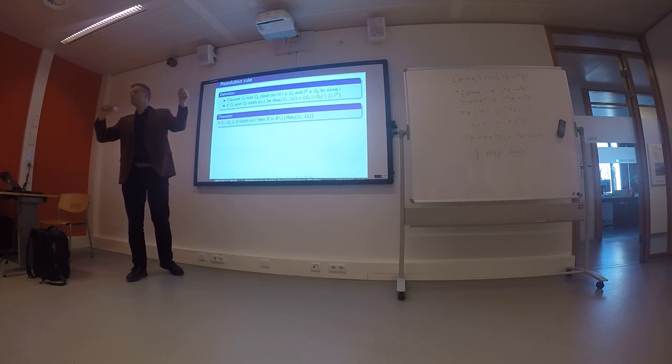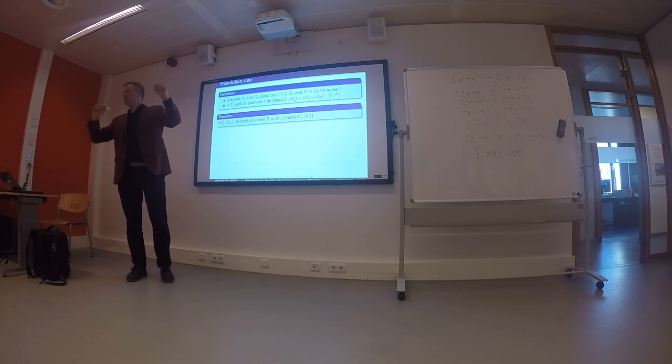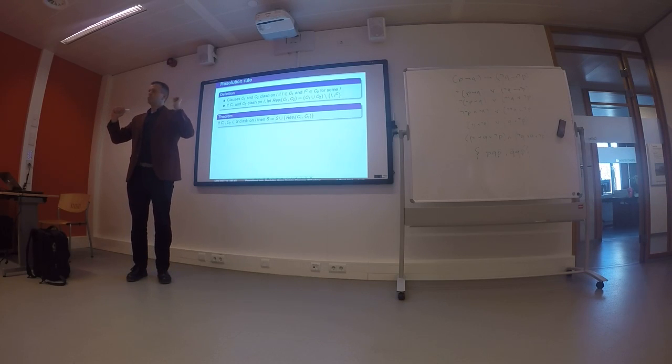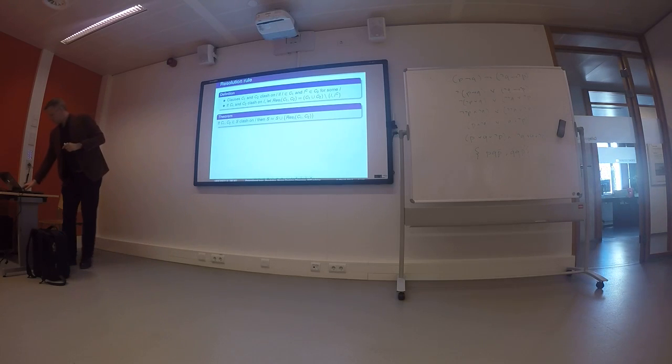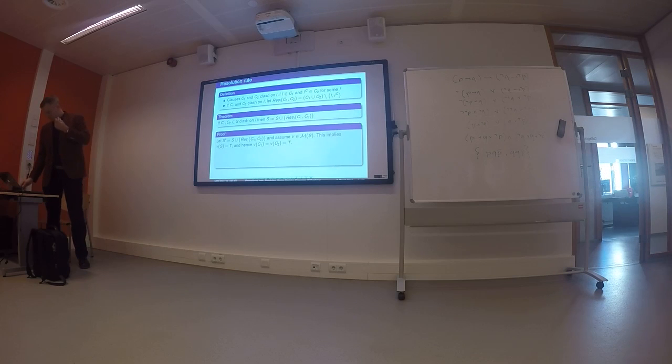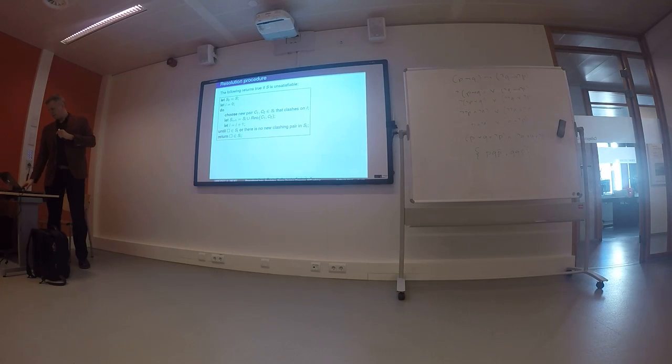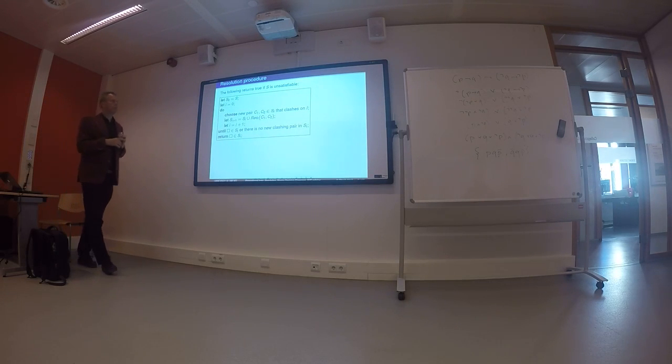Whereas the first clause, I can scrap the literal itself because it's false. I hope that wasn't too much hand waving. The proof is also written down here. I will instead give some examples, but first of all, this algorithm over here.